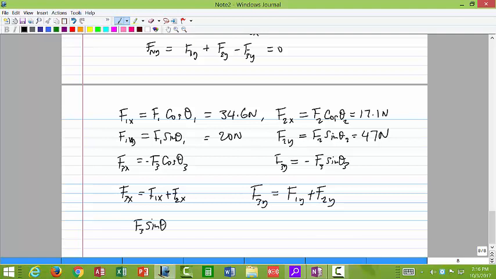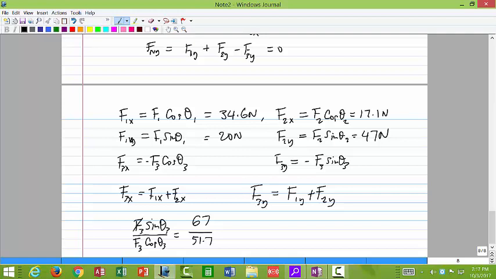So let's do it this way. F3 sine theta 3 equals F1y plus F2y, which is 20 plus 47, so that's 67. And I'm going to divide that by F3x, which is F3 cosine theta 3, and that is equal to 34.6 plus 17.1. What is 34.6 plus 17.1? 51.7.